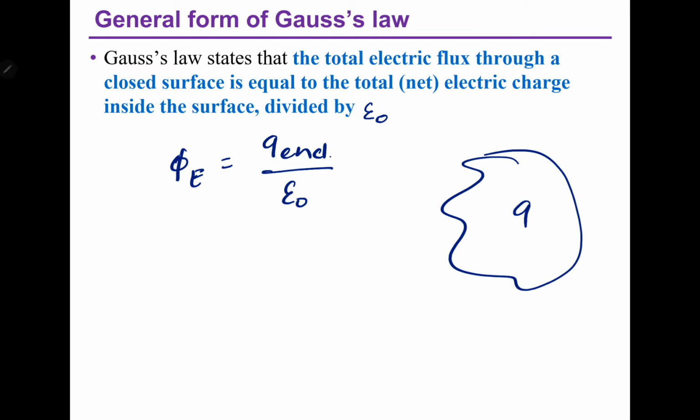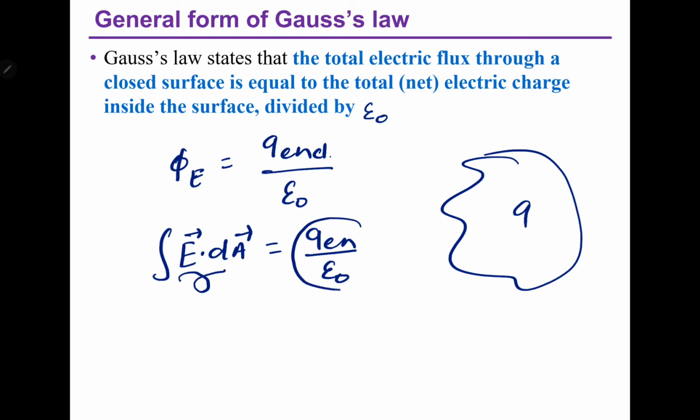So this directly relates, look here, this is actually the integral of E dot dA, which is equal to Q enclosed divided by epsilon naught, right? Here is the electric field and this is the charge. So Gauss law connects electric field with the charge enclosed. If a certain charge is enclosed inside a surface, this surface is said to be a Gaussian surface.